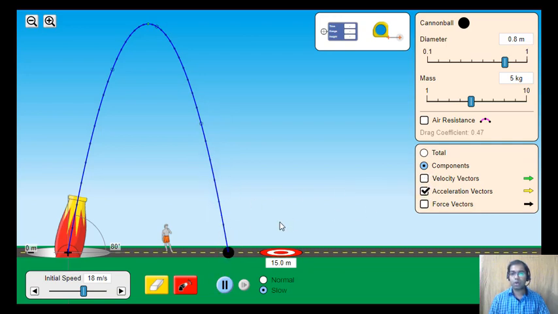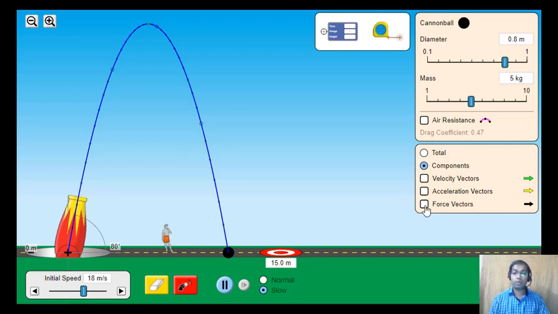So this is in terms of velocity. Now let us look at what happens if you're looking at acceleration. Does the body get accelerated during projectile motion? So here you can see that the acceleration due to gravity increases. So it's maximum here, and as it is coming down, it's almost a constant, because we are looking at an acceleration due to gravity of 9.8 meter per second square on Earth.